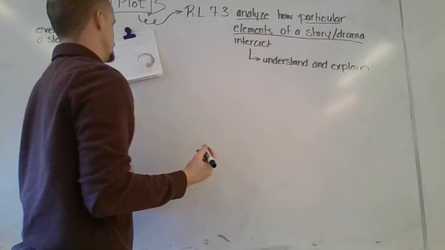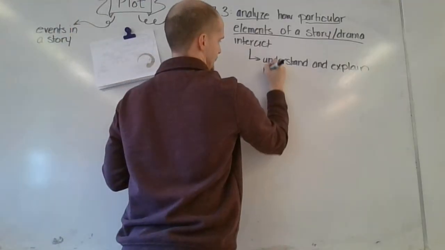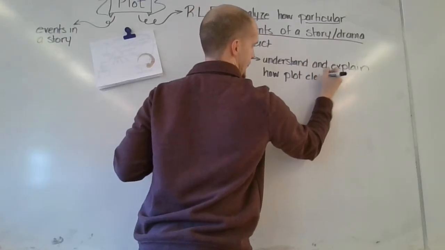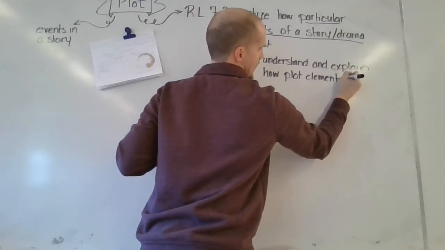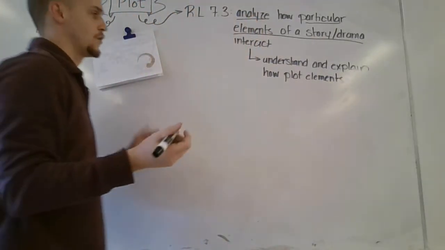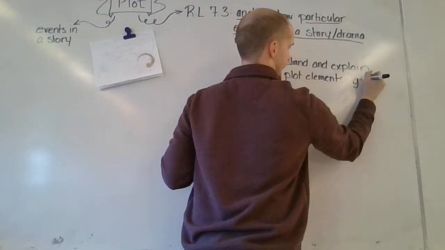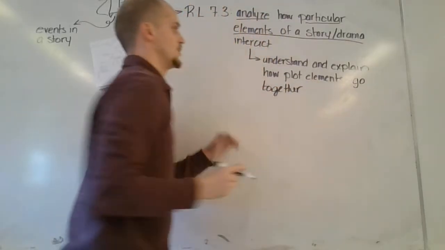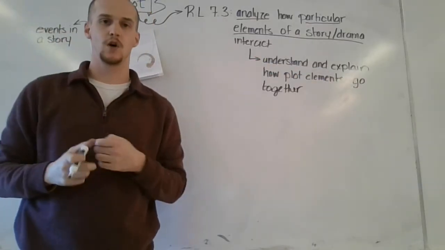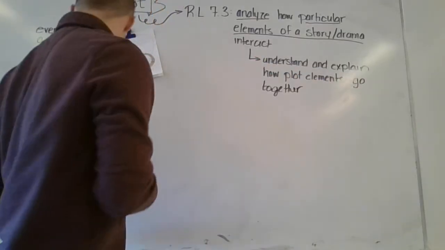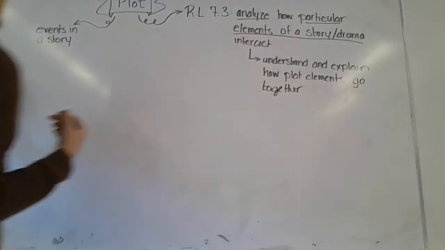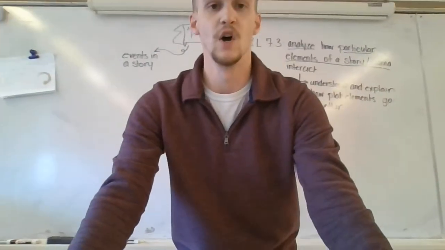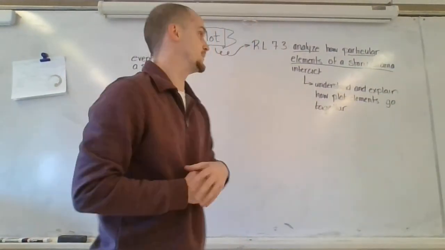How about how plot elements interact or go together. Go or work together. All right, so understand and explain how plot elements go together. And so this is what we have to be able to do to master this standard. We have to be able to understand and explain how these elements work together.